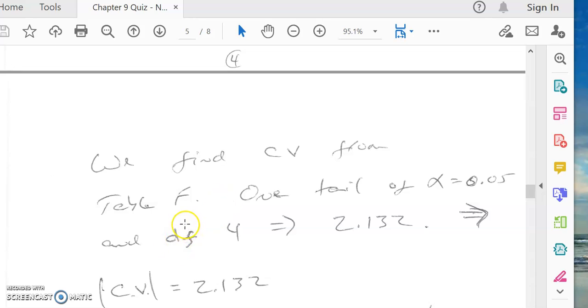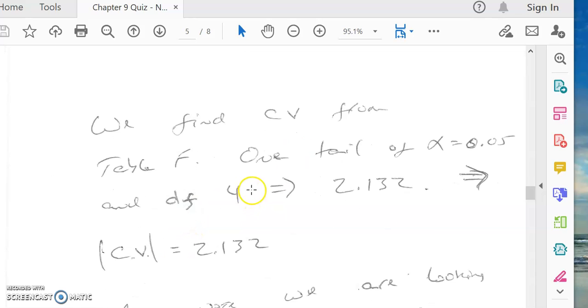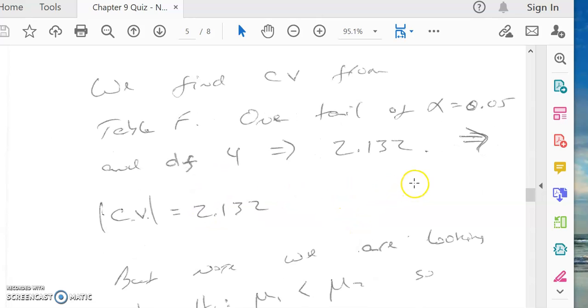So find the critical value from table F. Hopefully by now you've used the table many times. You find the critical value of a one-tailed test with alpha equal to 5% and a degree of freedom of 4. That gives me 2.132. Now, that's from the table.